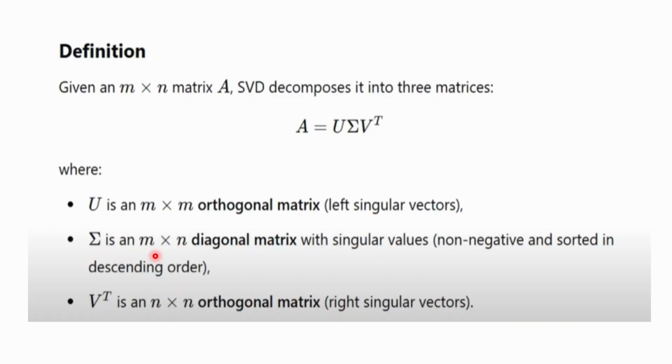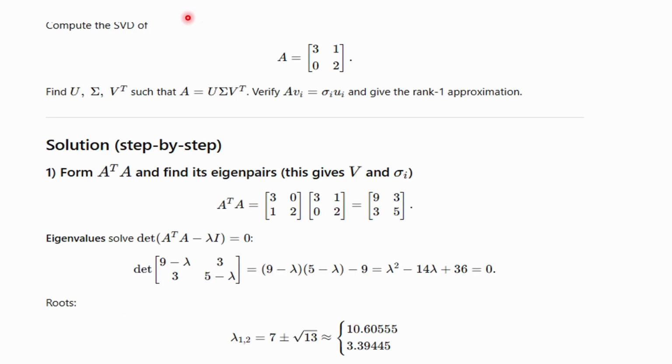Sigma is an M by N diagonal matrix with singular values. V transpose is an N by N orthogonal matrix, the right singular vectors. So how to compute this? First you have to find U, sigma, V transpose, then find the product of these.